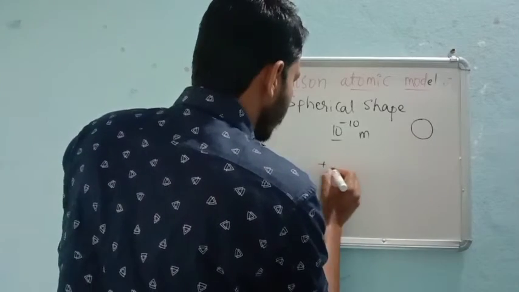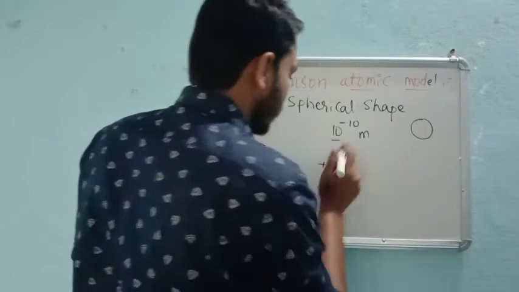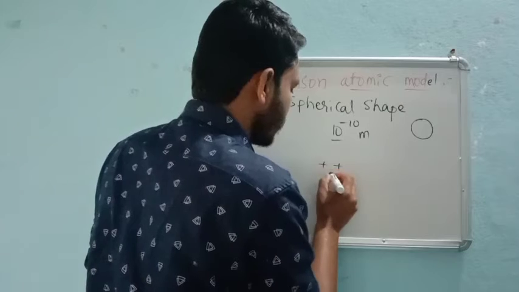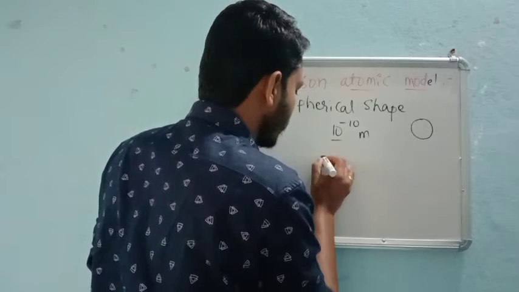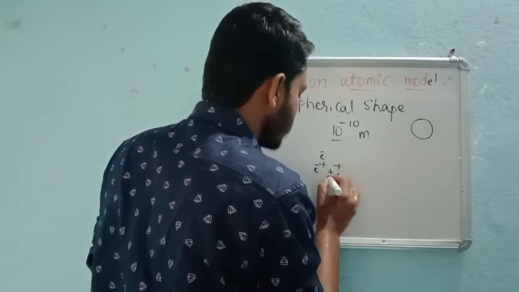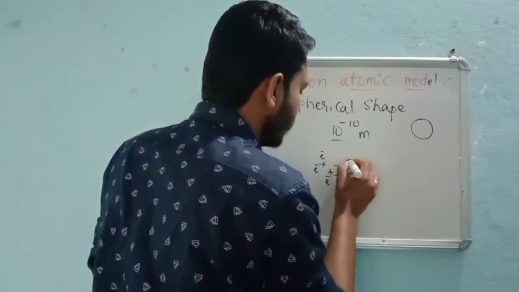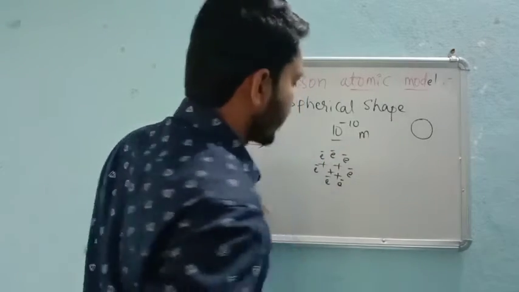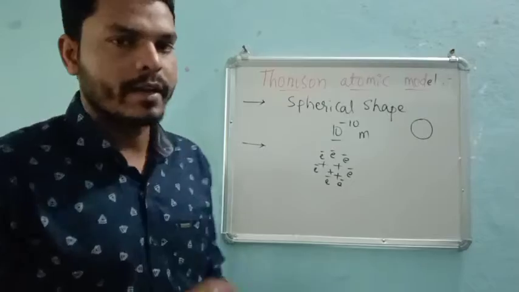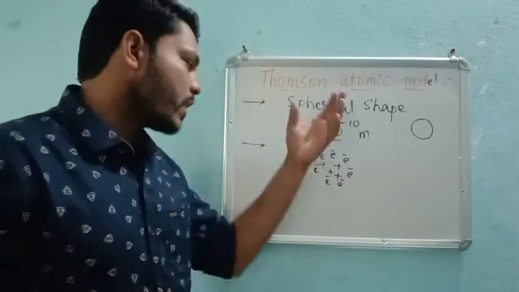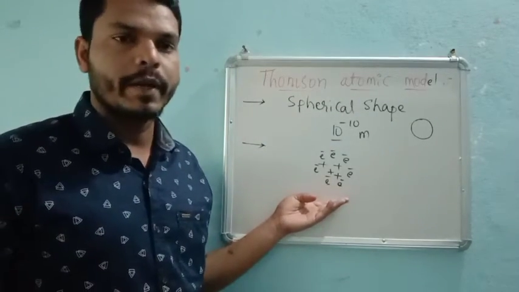That means, here we can show it: according to him, positive charges are present in the middle and the negative charges are surrounded and embedded in a very stable electrostatic arrangement, right?